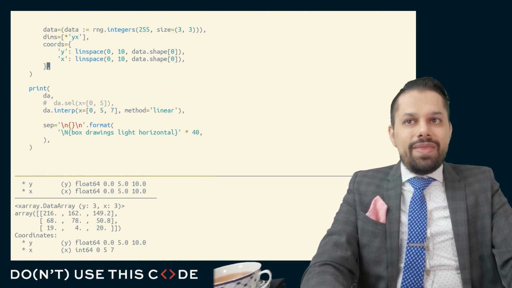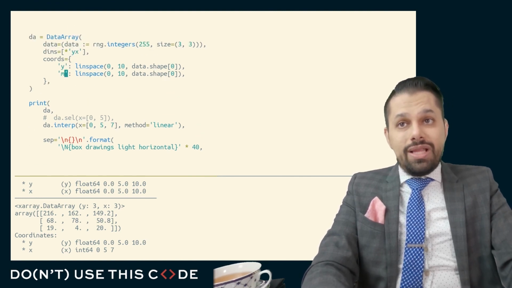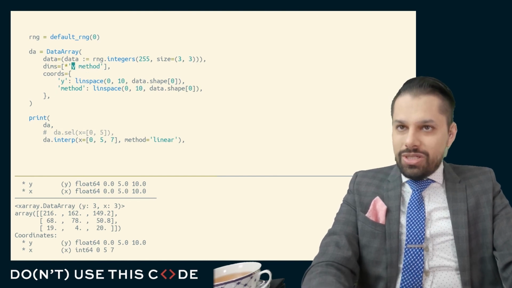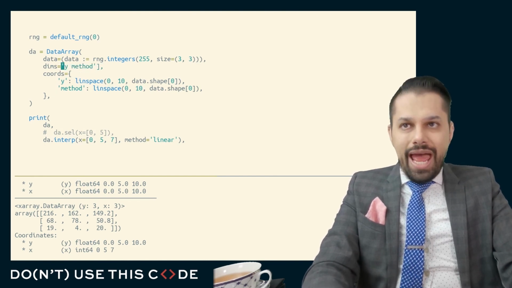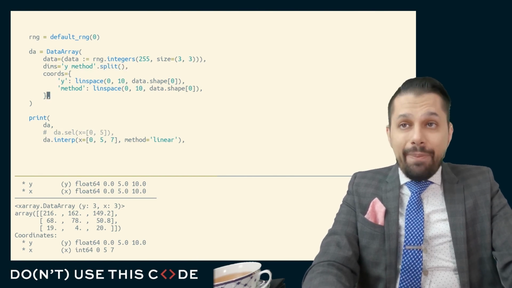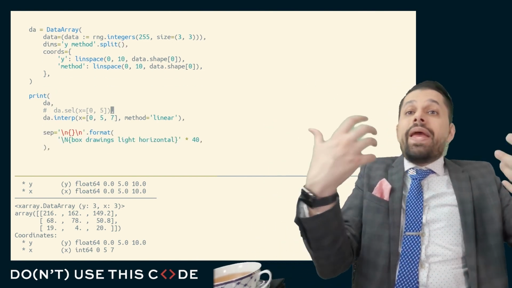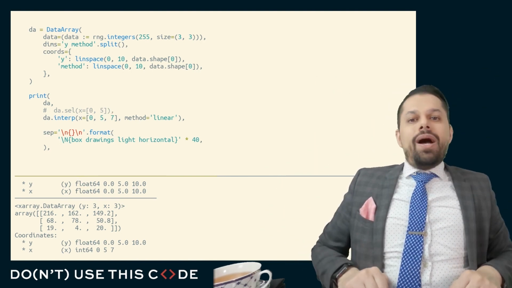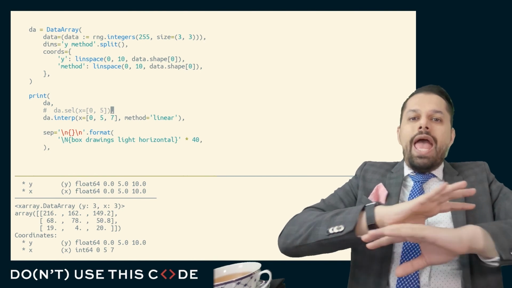Which means, if it were the case that this coordinate was not called x, but was called method. It turns out that in Xarray, we do not have the ability to do the dot sel lookup if we happen to have a dimension called method, because then it would be ambiguous with the keyword argument named method. This is a huge API mistake, and these kind of API mistakes are everywhere.